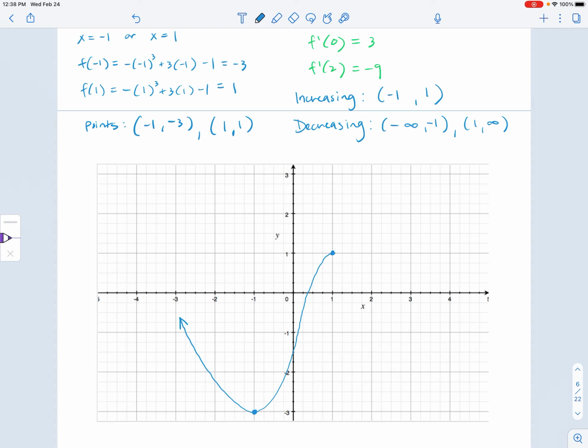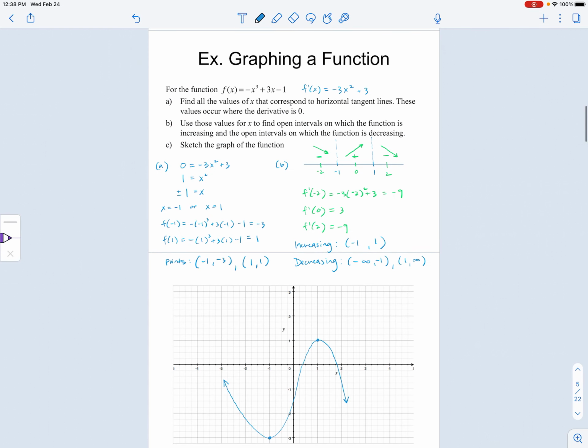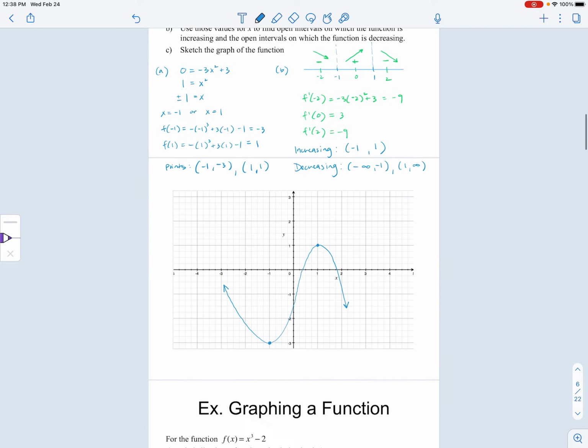And then from 1 to +infinity, the graph would be decreasing again. So I'm making this as smooth of a curve as I can. I don't know how wide these curves are. I don't exactly know what the end behavior looks like just from identifying where the function is increasing or decreasing. But this is a rough sketch that we're able to come up with just from identifying where the horizontal tangent lines were and where the function was increasing or decreasing.